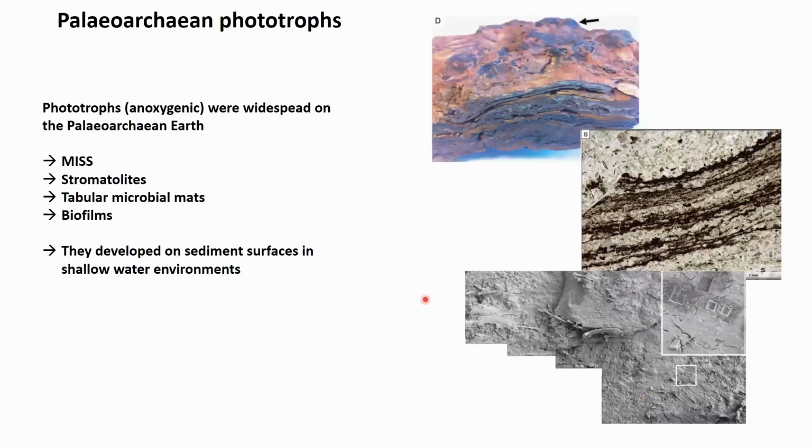So there is a lot of evidence for phototrophic microorganisms in the Paleoarchean. They were widespread. Again, we emphasize that they were anoxygenic, and they formed microbially induced sedimentary structures. They formed three-dimensional stromatolites, tabular microbial mats, and biofilms, because this very thin biofilm here was only about 10 microns thick. They all developed on sedimentary surfaces in shallow water environments.